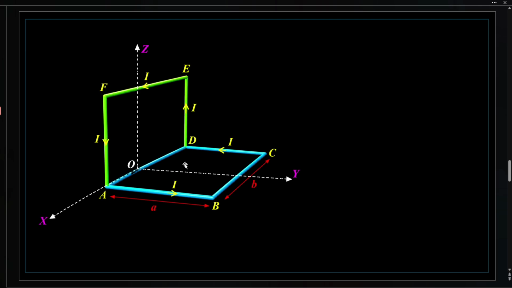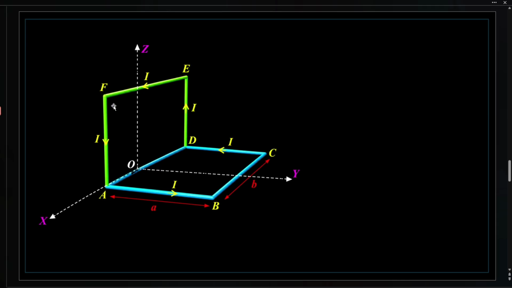be very simple. You just have to apply the formula I into A and you will have the magnetic moment. But this loop, you can see, is a combination of two simple loops. So what you have to do here: first find the area vector of the first loop ABCD, then find the area vector of ADEF.